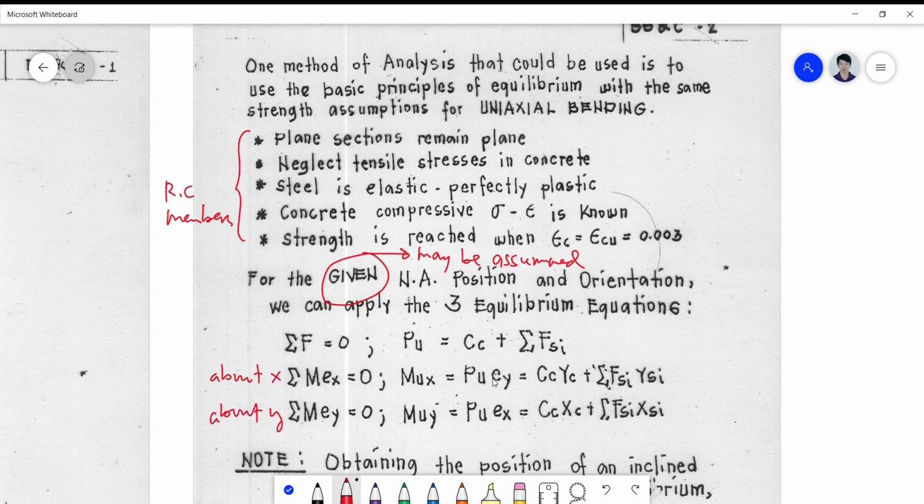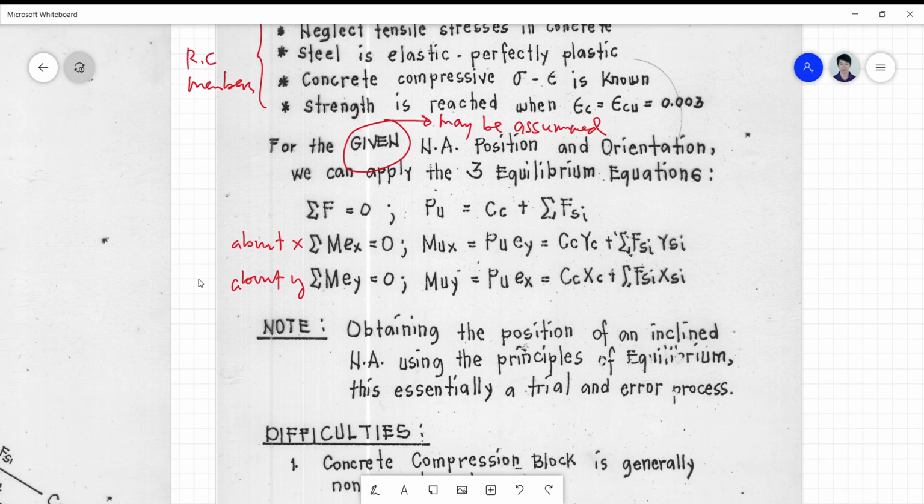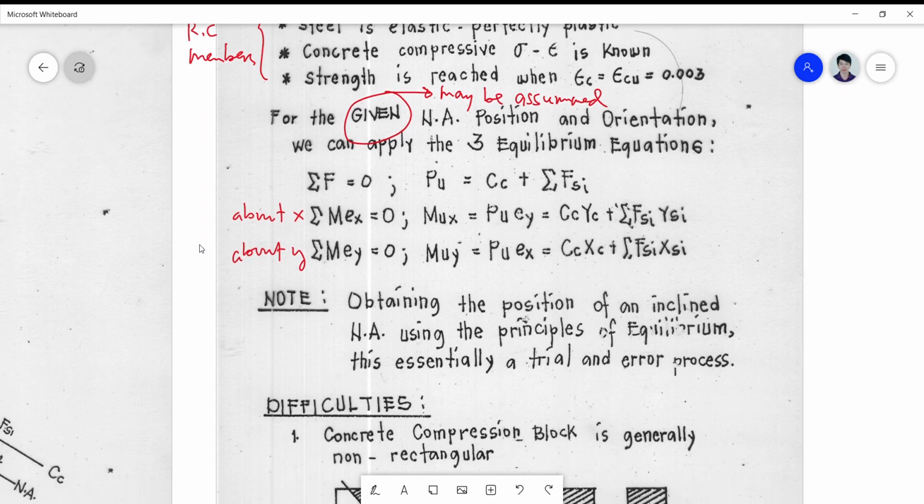You can actually change the sense of the moment, but this is how Salmon and Johnson presented it in the book, so I just followed the referencing of the Salmon and Johnson reference.